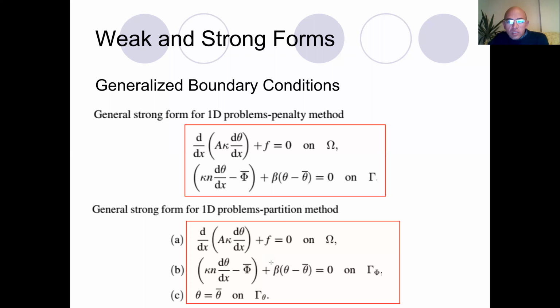There shouldn't be this term, this is 0. Okay, and we have the prescribed dependent variable on gamma theta.